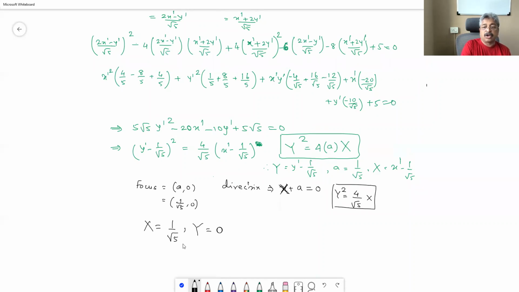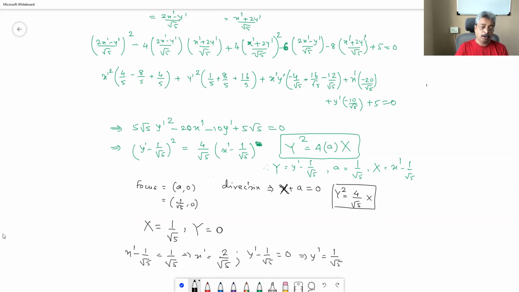These are the coordinates of your focus, but capital X कुठे गेला आपला? Capital X was x dash minus 1 upon root 5 is equal to 1 upon root 5. Therefore, x dash is equal to 2 upon root 5. And capital Y was y dash minus 1 upon root 5 is equal to 0. Therefore, y dash is equal to 1 upon root 5.